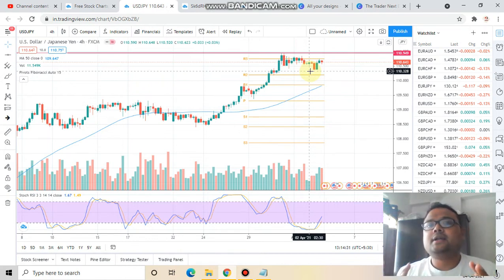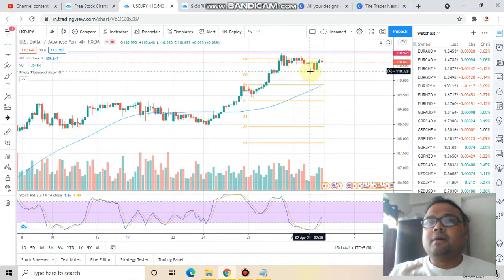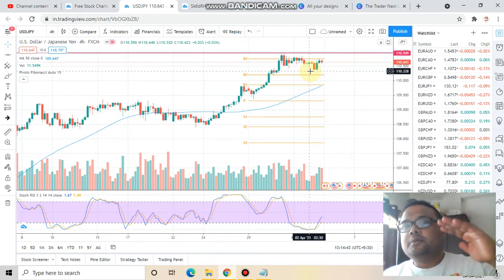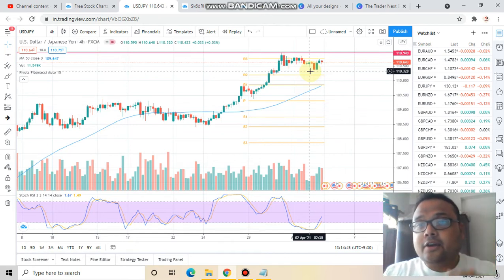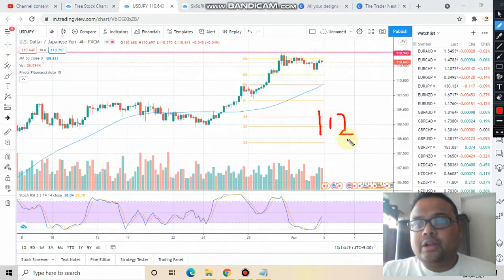Right now there is a struggle going on in the market between the buyers and the sellers. Buyers, who have been very active for the last 3 months, are trying to take the market upward, and the sellers sitting at the 112 level are trying to push the market downward.